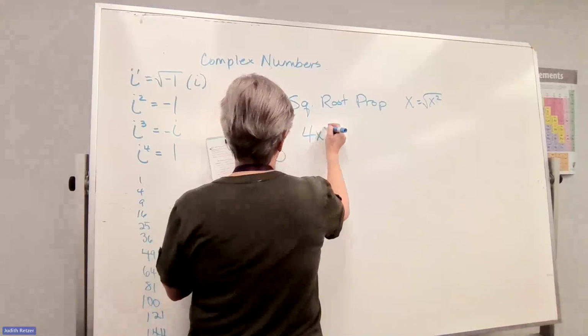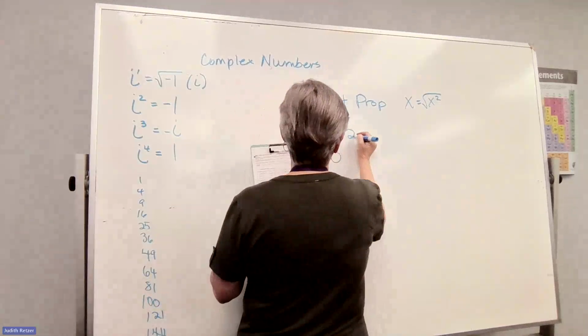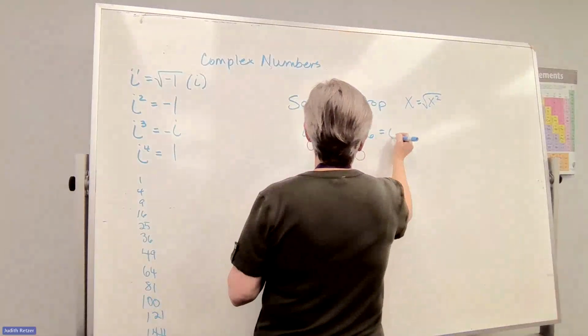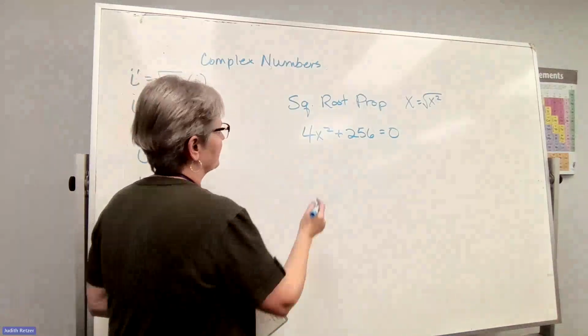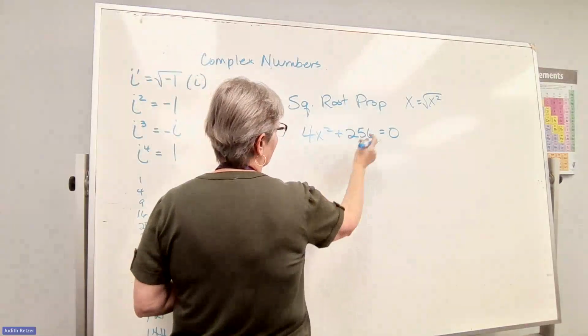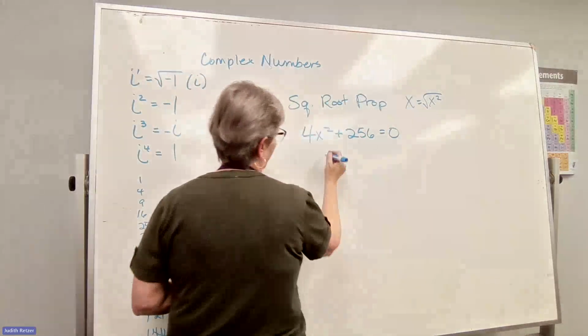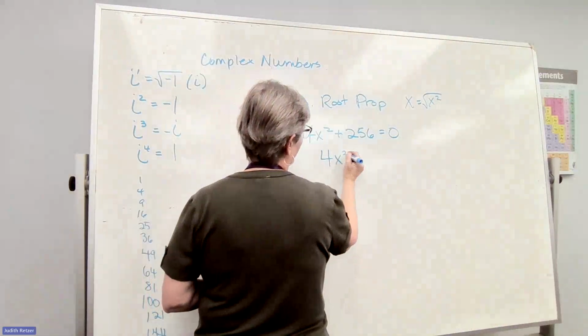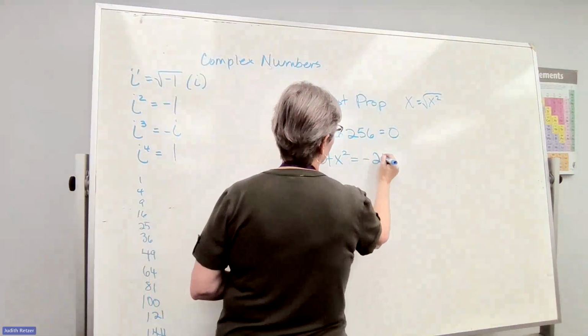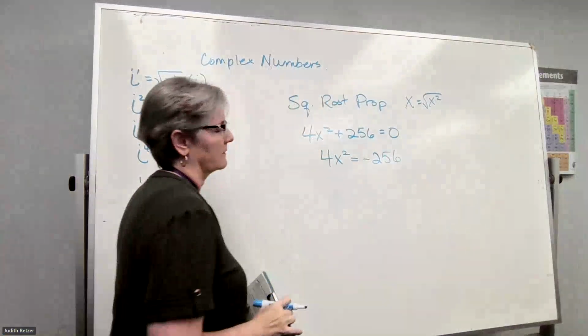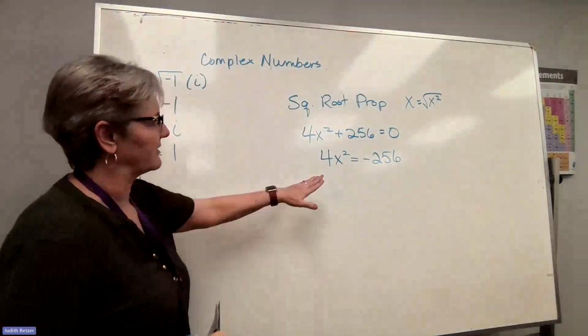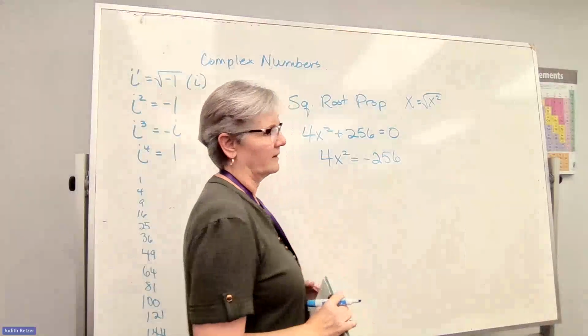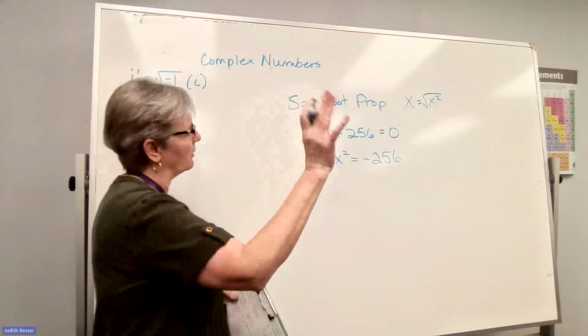Okay, we have 4x squared plus 256 equals 0. Right? So if I turn this into this kind of an equation, I'm going to put 4x squared on this side equals negative 256. Once I have a square on this side and a square on the other side, I can use the square root property, but hold on.